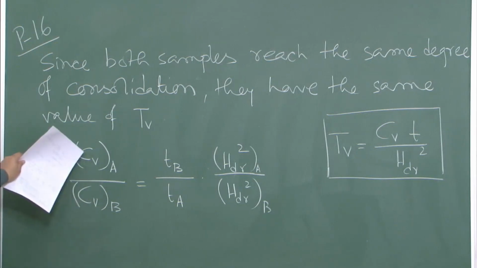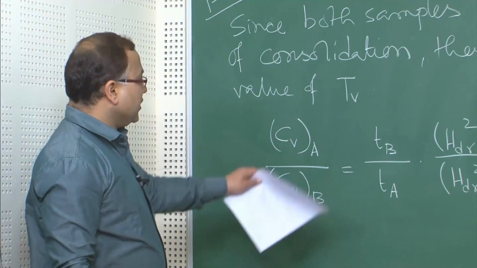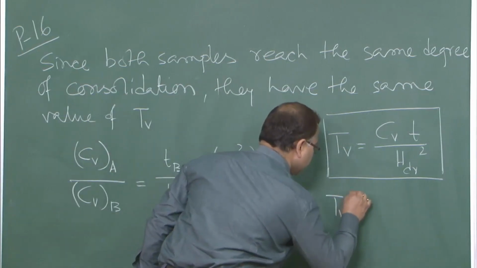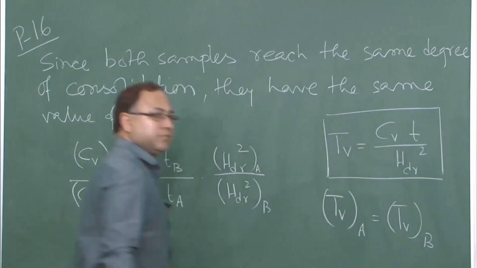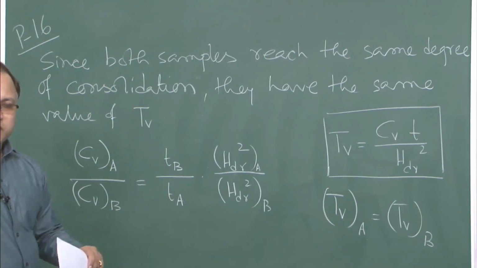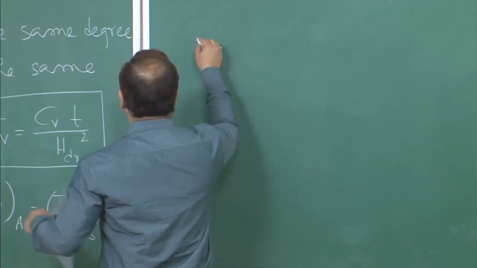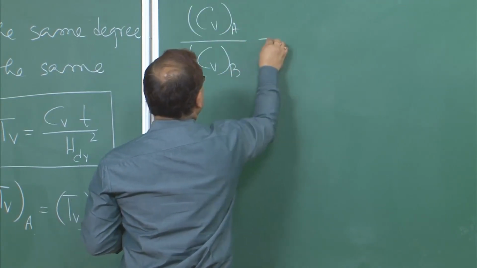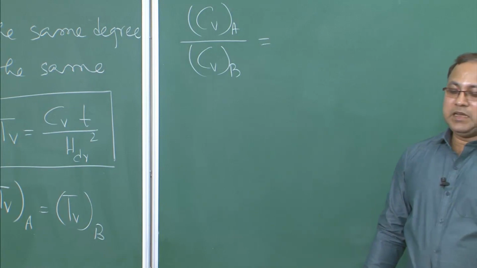CV A is the CV value for sample A, and the CV value for sample B is CV B. From this expression, because your TV A and TV B are both the same, since you are thinking about the same degree of consolidation, we can write CV A by CV B is equal to TB by TA into H dr square A by H dr square B. Now what is TB by TA?